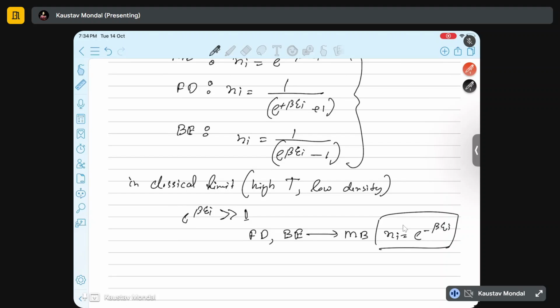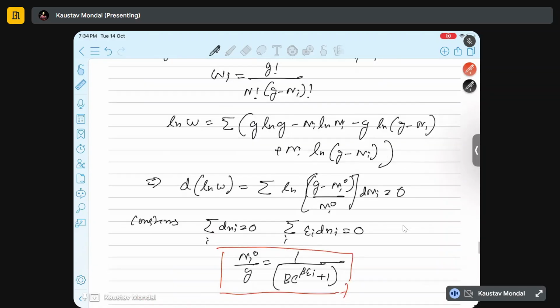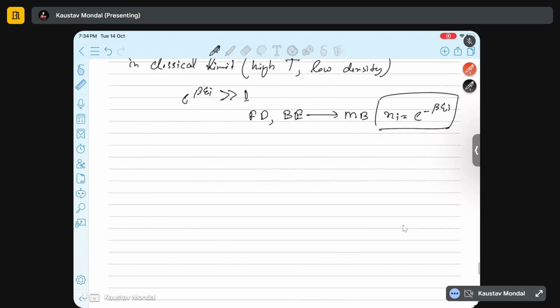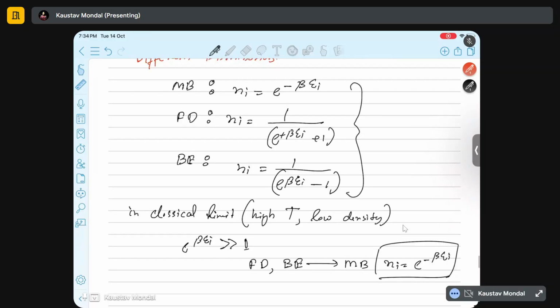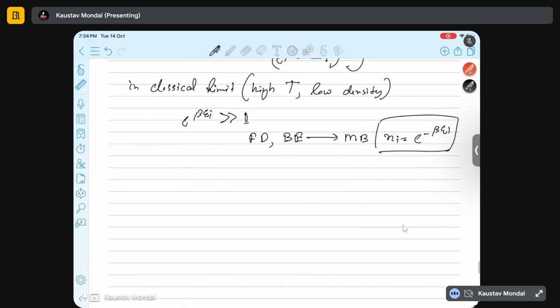Either of the cases, the indistinguishability condition for the particles basically vanishes. The particles become distinguishable. So that means the particles basically behave classically, which turns both these two statistics into the classical MB statistics. So now let's do a problem regarding this.